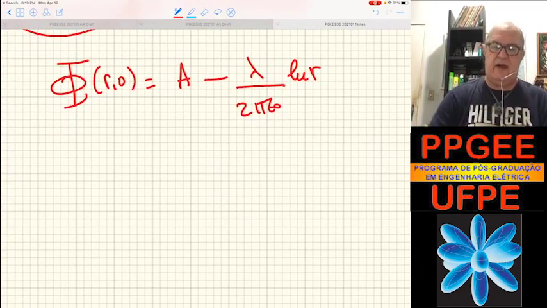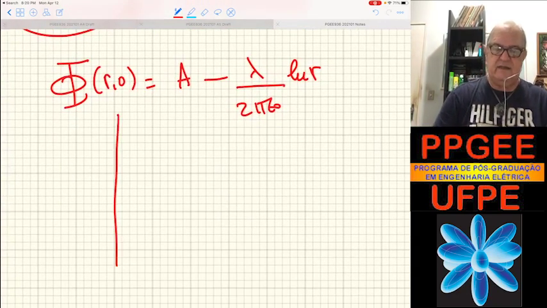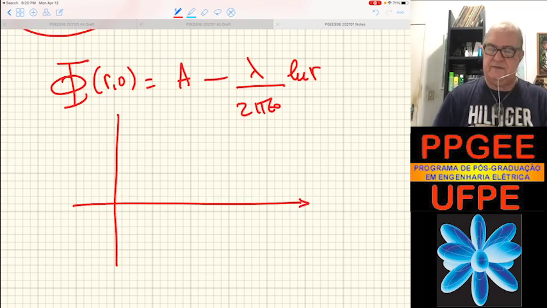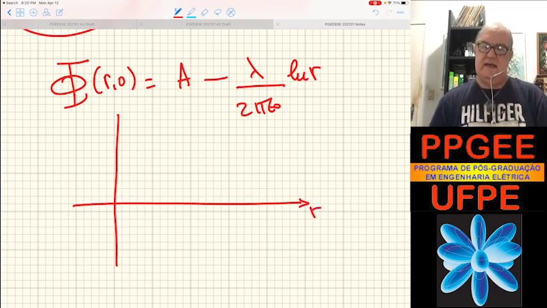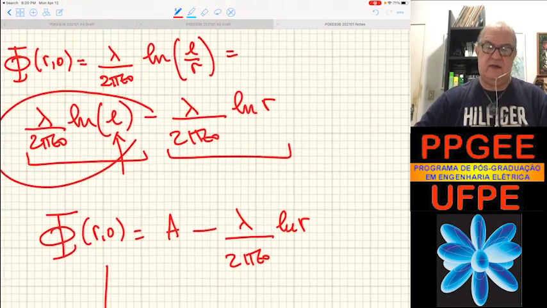We can make a plot of the potential. Let's look at the other one.